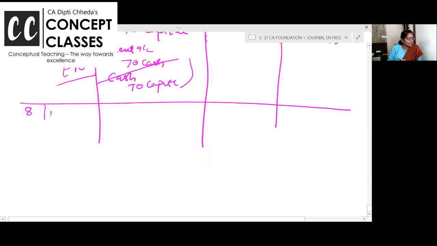8th of January. Sold furniture out of those for resale, 6,000. You have sold the furniture for 6,000 and money is coming in. Yes. Bank account debit to sales. How much furniture did you sell? 6,000.